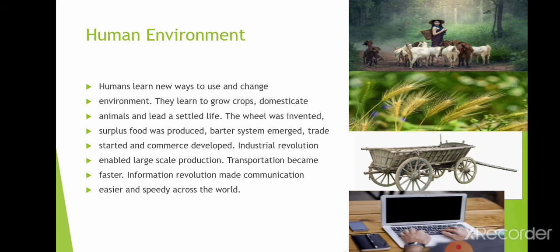Human beings started to grow various crops, started to settle their life, and started to domesticate animals like goat, sheep, and buffaloes and some other animals. After that, the wheel was also invented, vehicles were there. After that, the barter system and the currency system started.